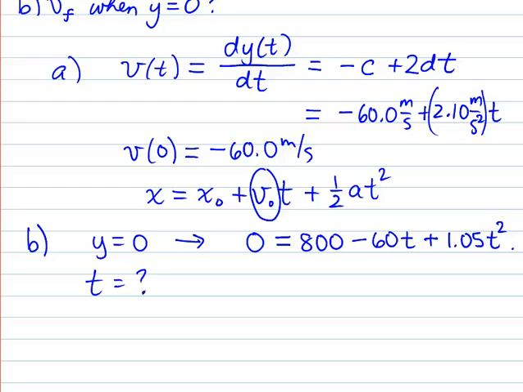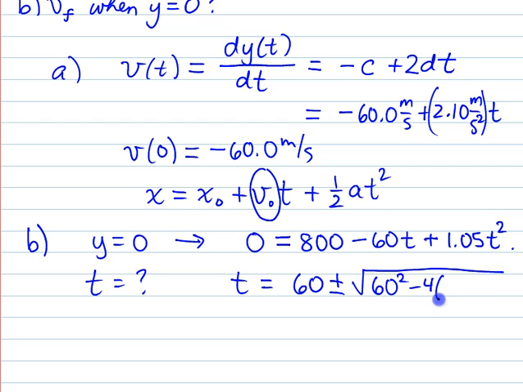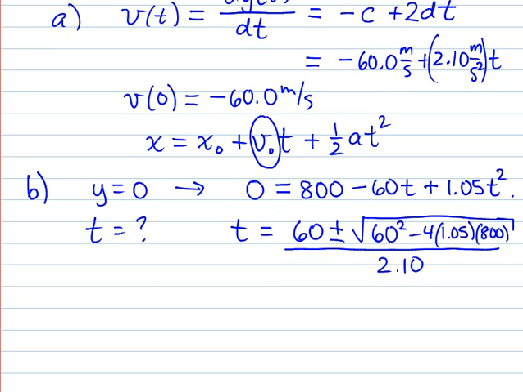Okay, and so what we can do here is just use the quadratic equation and say t is equal to negative b plus or minus the square root of b squared minus 4ac, all over 2a. And you can plug this into Wolfram Alpha or use your calculator, and you'll find that there's two solutions, but the first one is when t is 21.2 seconds.